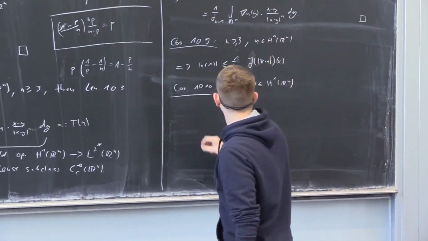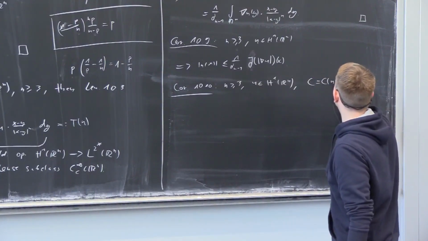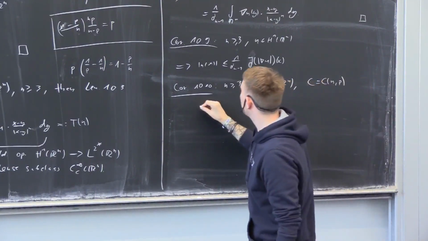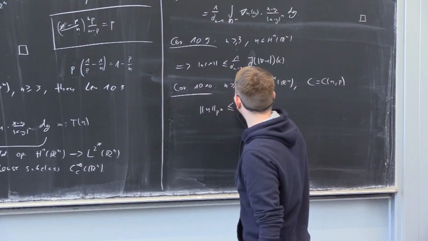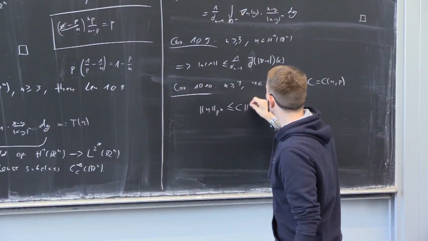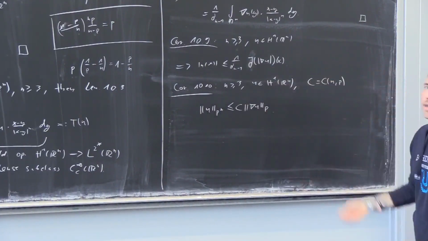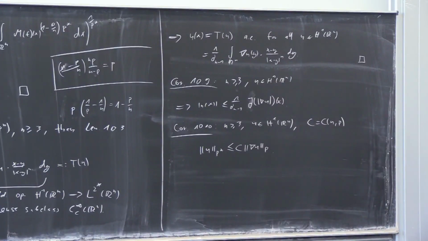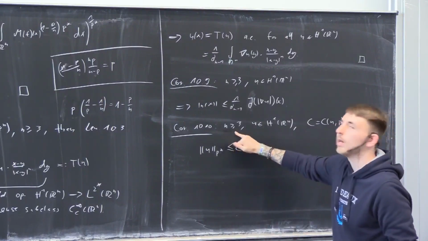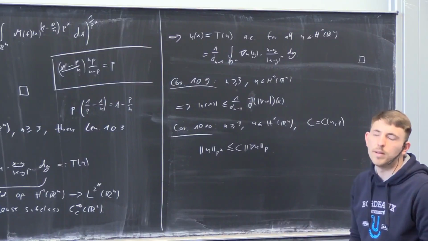Then I have the estimate, and we can make it explicit: there is a constant C which depends on n and p, such that the L^{p*} norm of U is controlled by C times the L^p norm of the gradient of U. This is a direct consequence of this bound and the Hardy-Littlewood-Sobolev inequality. We use all the time that if n is strictly larger than 3, then we can apply these results if p is equal to 2.